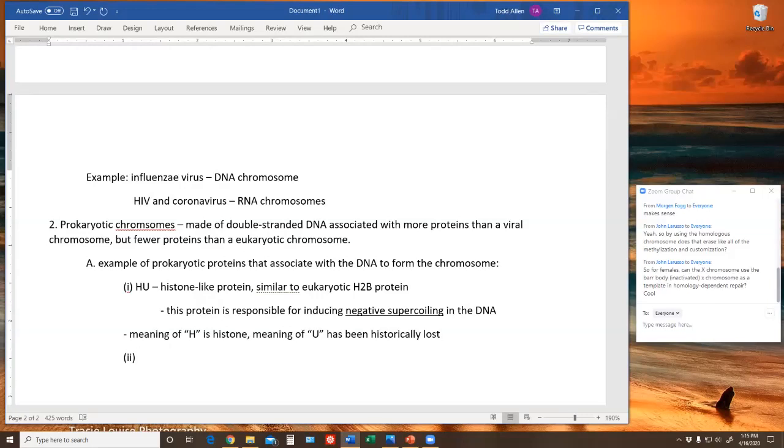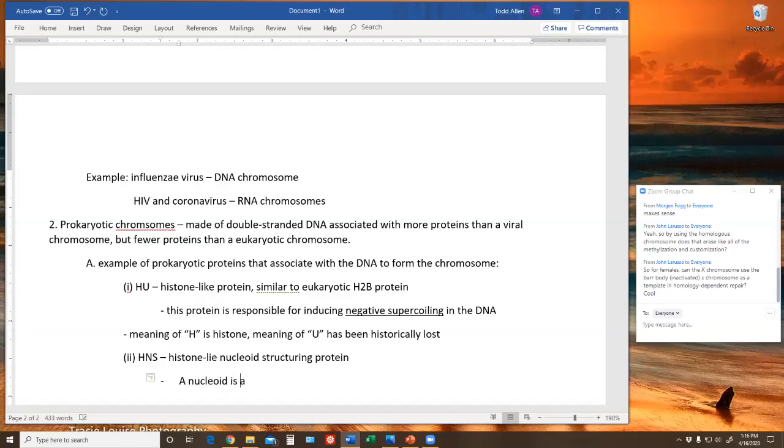And then we have another protein, HNS, which is histone-like nucleoid structuring protein. A nucleoid refers to a structure of a prokaryotic chromosome, and I'm going to show you a video on this pretty soon, so you'll see what I'm talking about. A nucleoid, not a nucleotide.